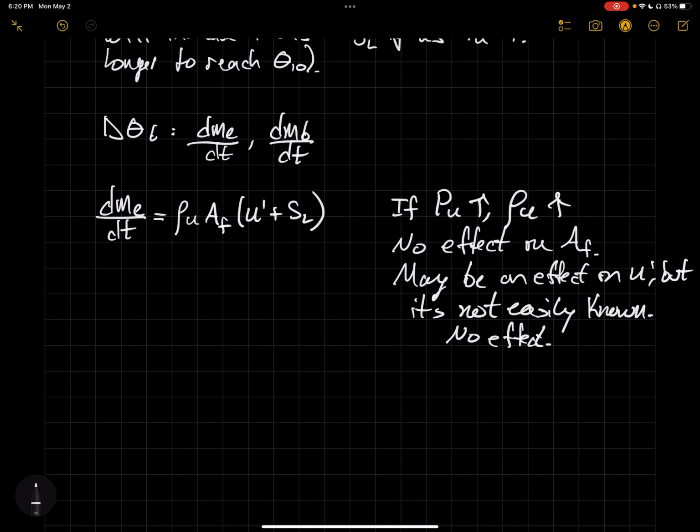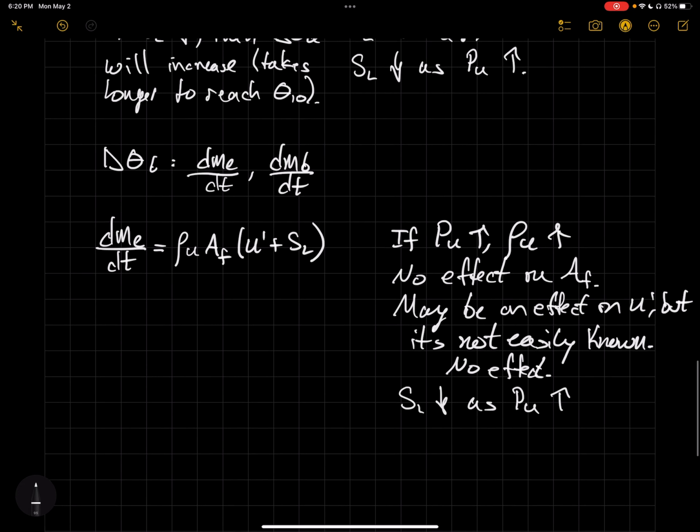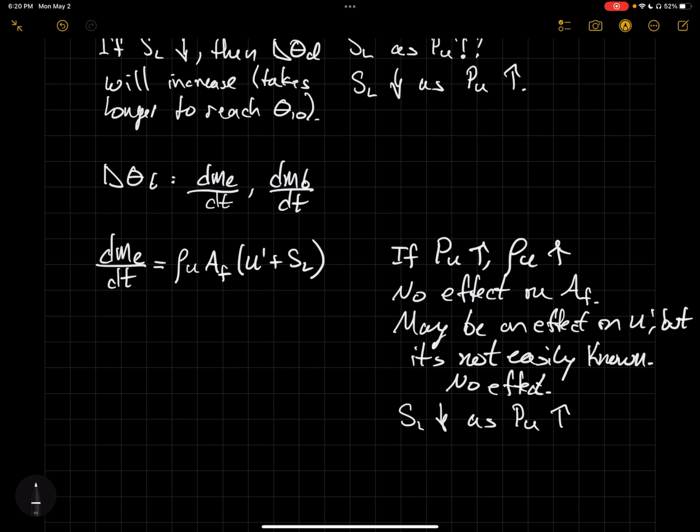And we've already established the fact that the laminar flame speed is lower as the unburned gas pressure increases. Okay? So in the net, the question becomes, is the unburned gas pressure going to raise the density more than the increased pressure lowers the laminar flame speed, right? What has the dominant effect?